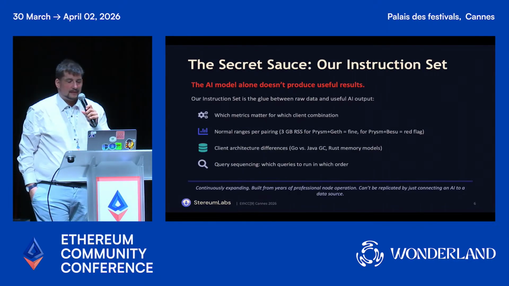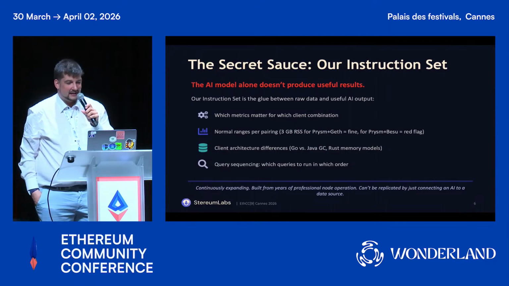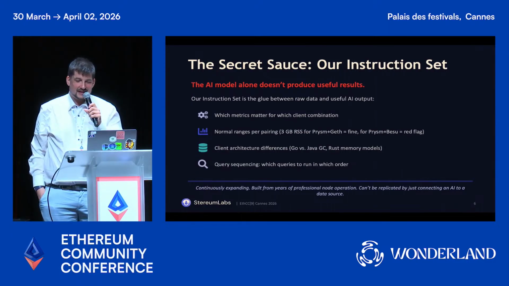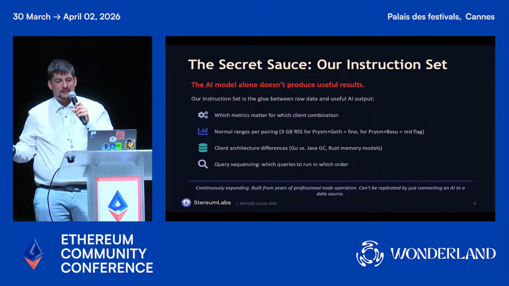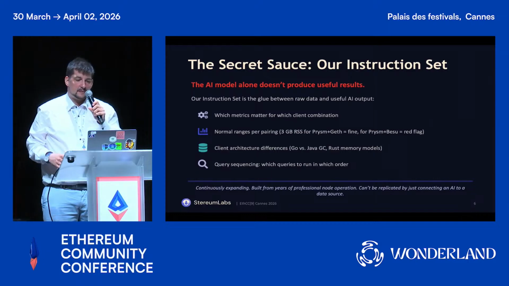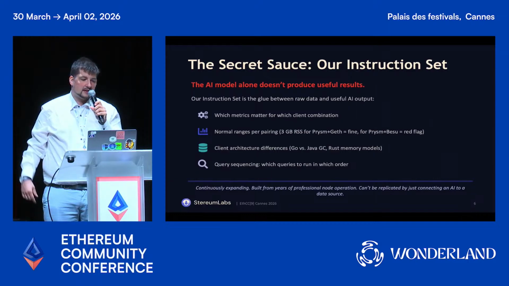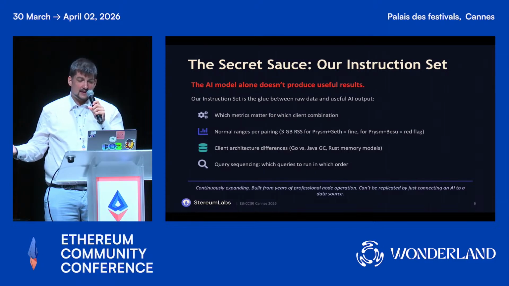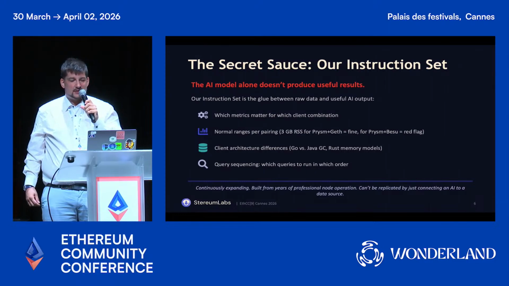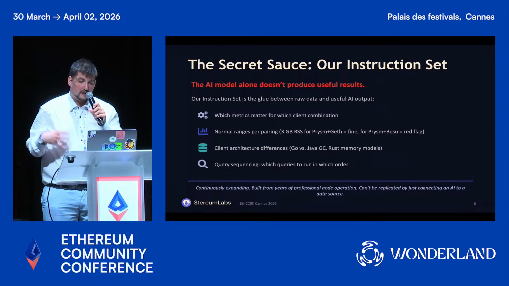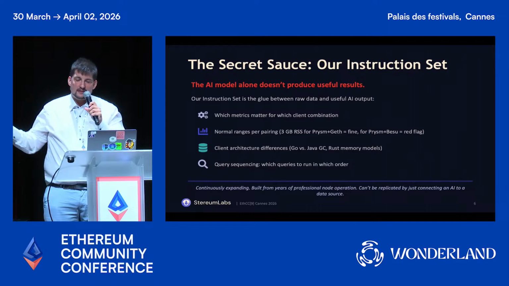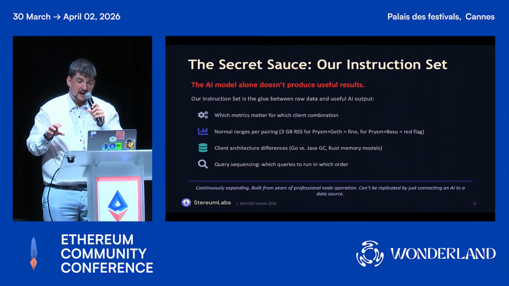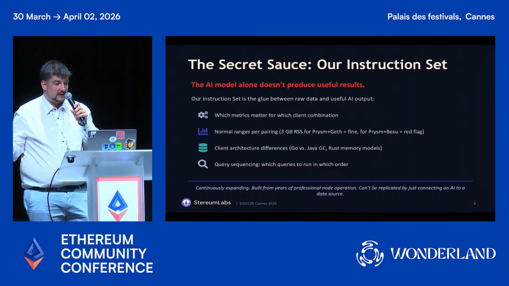But with AI, the question is always: is it just another vibe-coded, hallucinating AI setup? And that's where the secret sauce in our company lies. We have a lot of experience in running nodes, and so we trained the AI model, or wrote the instructions, so that you can really see which metrics matter for which combination.